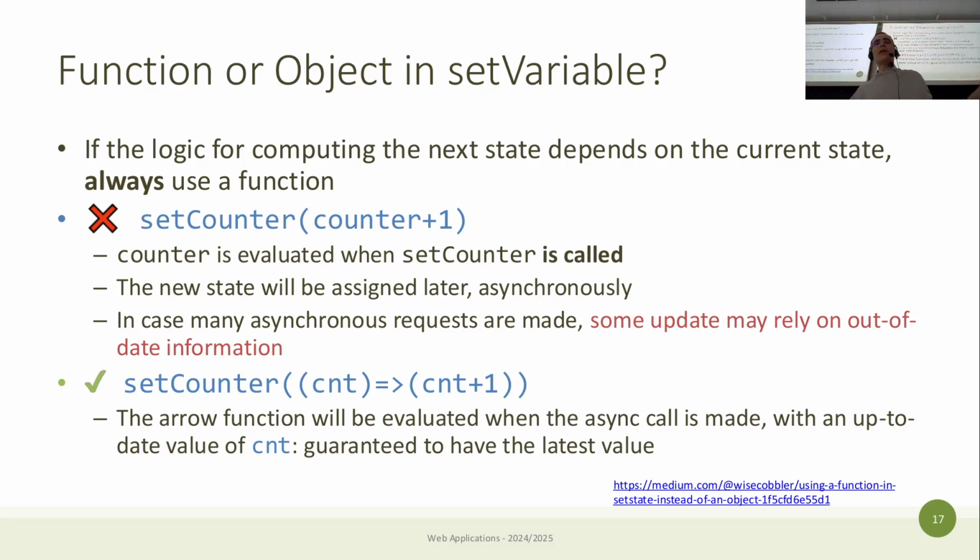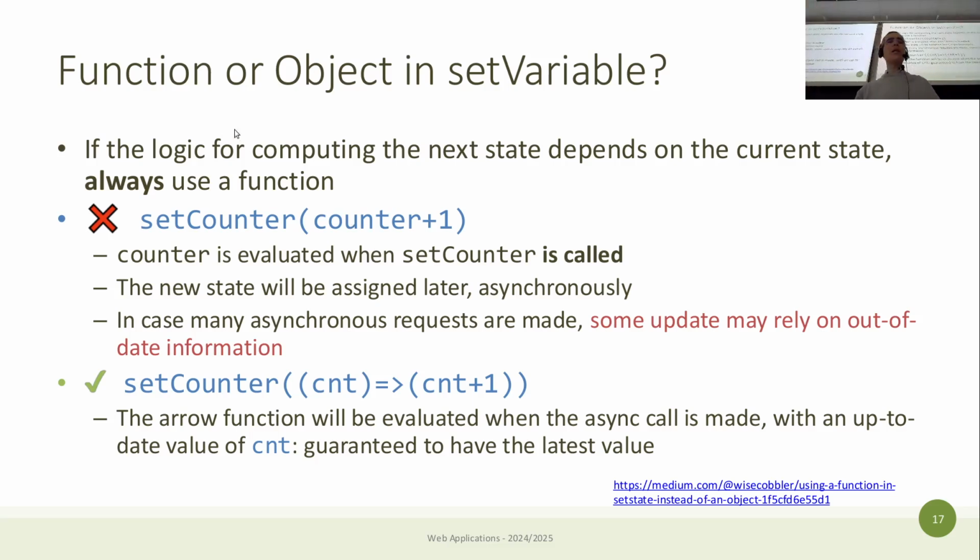So we can say, well, let's set the new value as counter plus 1. This in general works, but in certain cases it might not work because you click very quickly and the update of the state is not immediate, it's asynchronous. So the call to React happens.